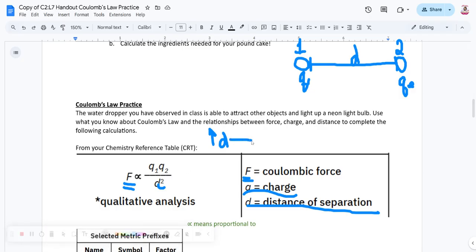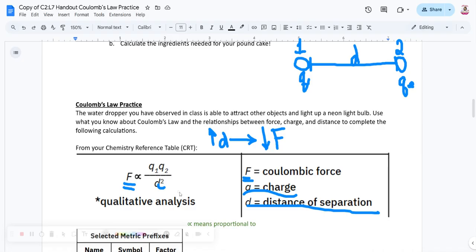Then my force, or my attraction or repulsion, is going to go down because, y'all, it's on the bottom. And if it's on the bottom, that means it's being divided. So a bigger number dividing is going to make a smaller force.